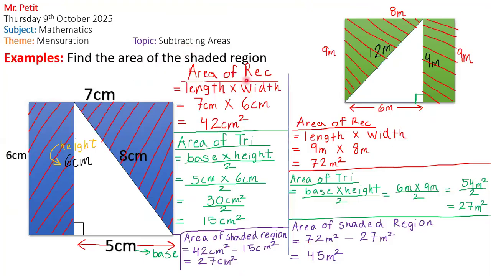So we first found the area of the rectangle, then we found the area of the triangle, then we subtract the two. That's how we find the area of the shaded region. Same thing with this one. We find the area of the rectangle, then we find the area of the triangle, then we subtract to get the area of the shaded region. All right, so take a picture of that, and that should help you with answering the questions.